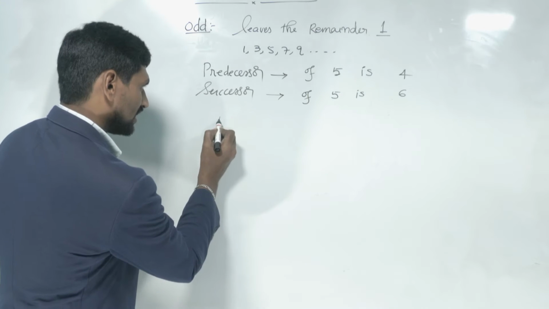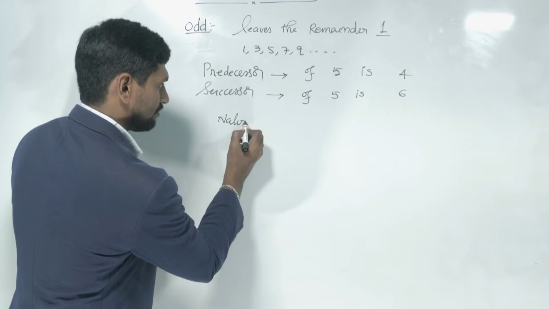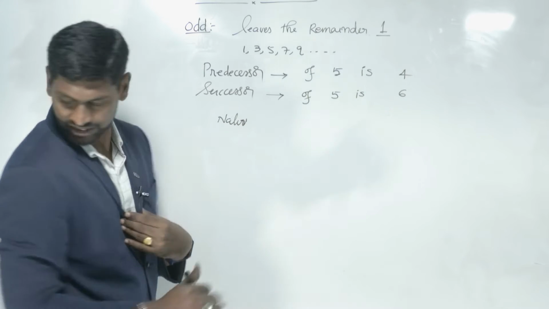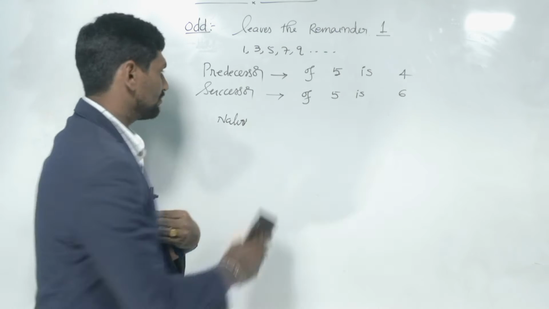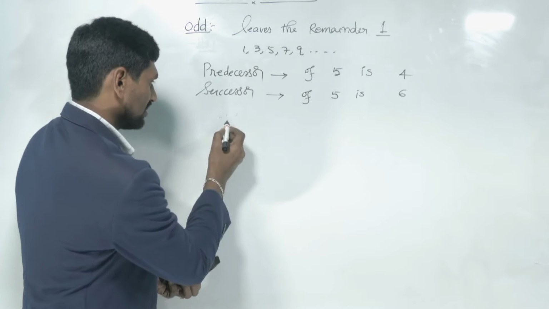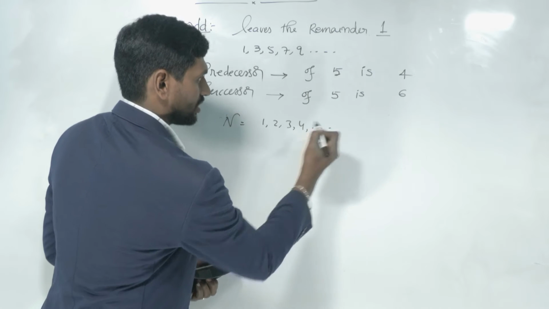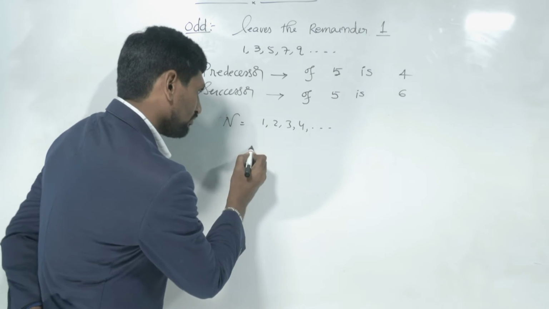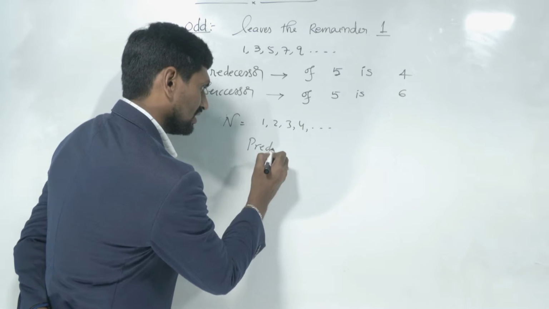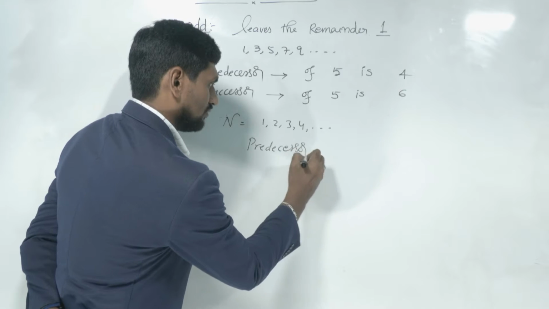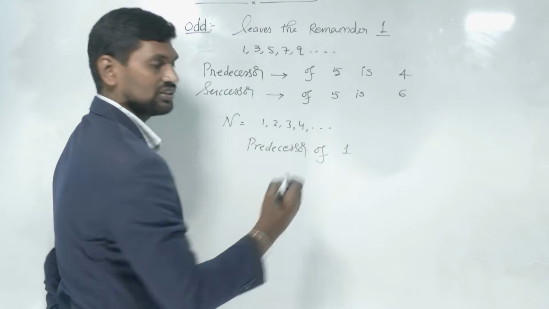Now I am taking the set of natural numbers. Natural numbers are nothing but counting numbers: 1, 2, 3, 4 and so on. What is the predecessor of 1?